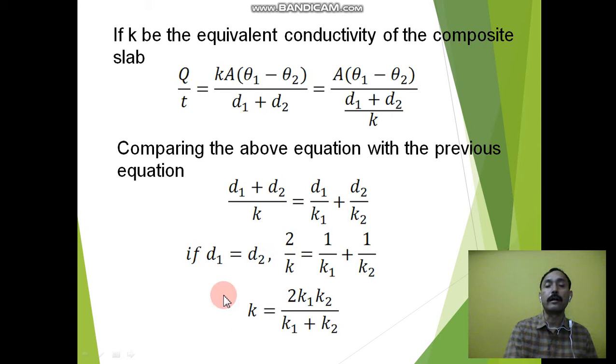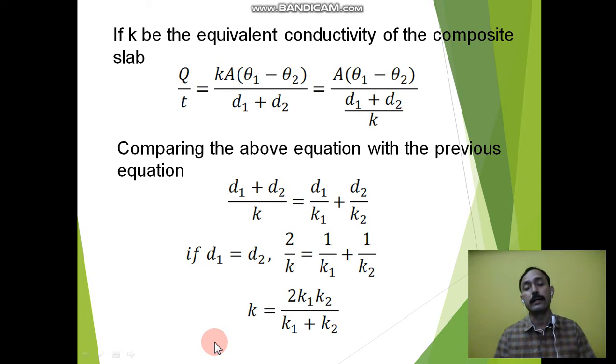Thus the equivalent thermal conductivity becomes K equals 2 K1 K2 by (K1 plus K2). Thus when the two conducting slabs are in series, the equivalent conductivity is given by 2 by K equals 1 by K1 plus 1 by K2.